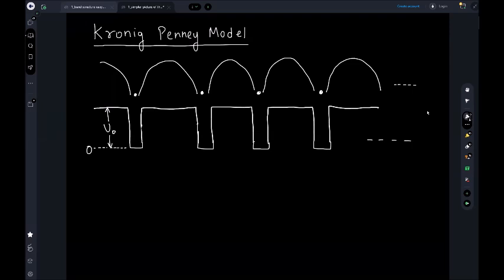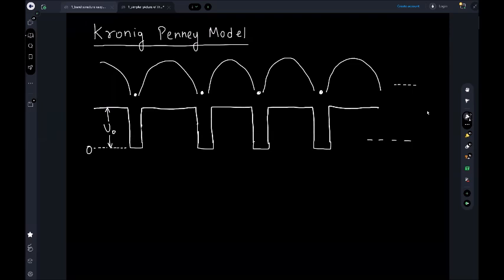So what we have here is you can think of a 1D arrangement of atoms. So evenly spaced atoms. There's one atom here, another atom here, another atom here, another one here, and so on. And we'll assume that this goes on till infinity.